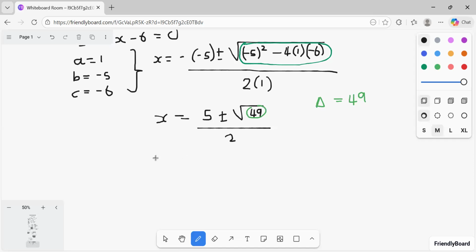So let's continue. x is going to be equal to, the square root of 49 is 7. So this is going to be 5 plus or minus 7 over 2.